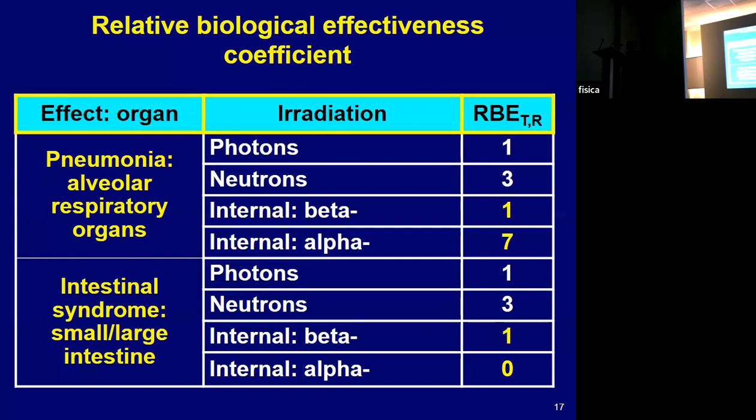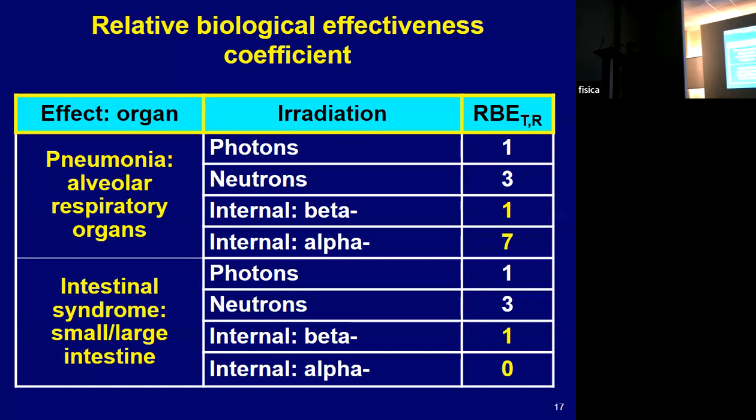The table also shows the recommended values of RBE for the development of severe deterministic effects during external irradiation of the small intestine and internal irradiation of the large intestine of a standard person. The consequence of such exposure at high doses is the development of intestinal syndrome.